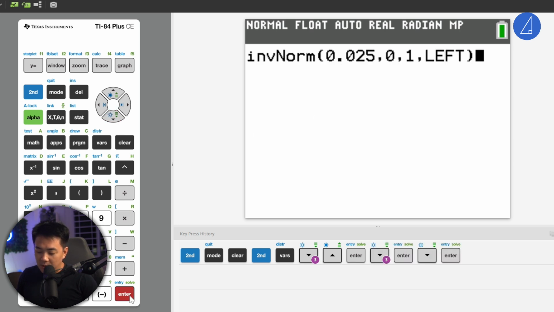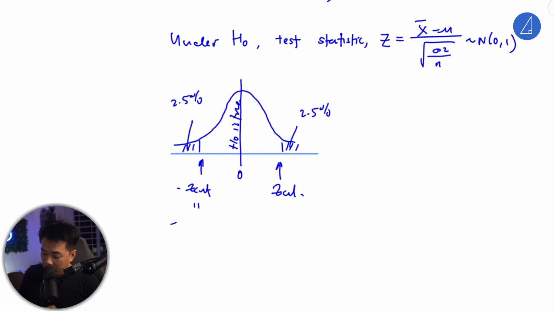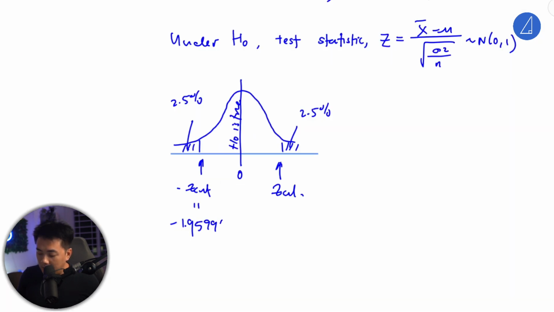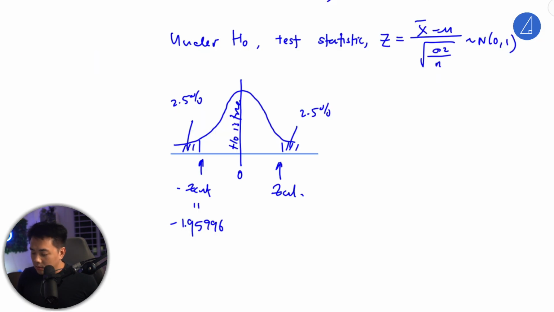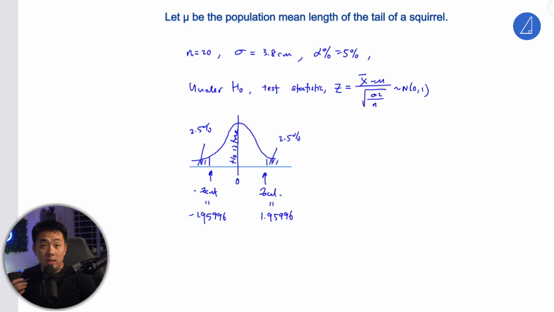It's symmetrical, so it's negative 1.95996. You can use center, but I don't encourage students to do that because there are a lot of careless mistakes I've seen. With center, you have to use 95%.